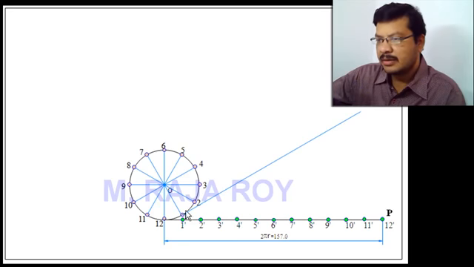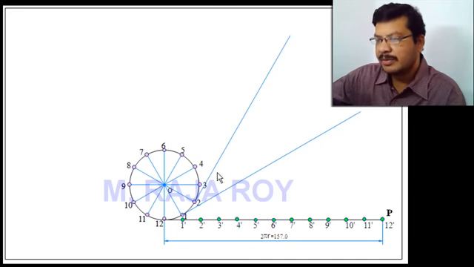Now draw the tangents to the circle at points 1, 2, 3, 4 and so on up to 12. So at point 1 you want to draw the tangent, means this is the normal. O1 is the normal. Perpendicular to this O1, if you draw a line like this, that will be the tangent to the circle. In the same way you draw the tangent at point 2. That means you have to draw a perpendicular to this line O2.